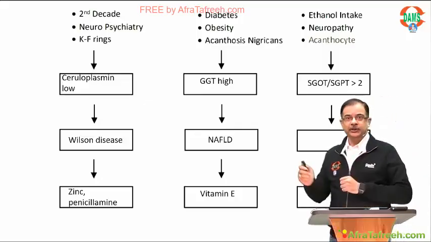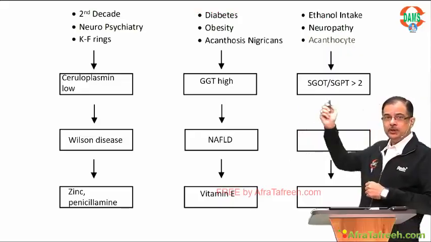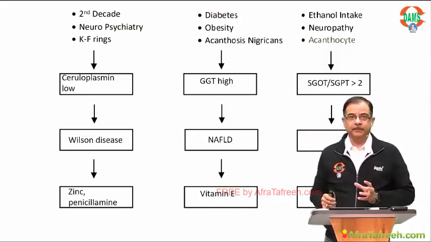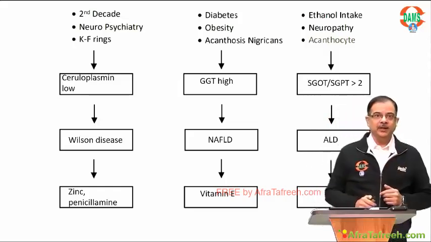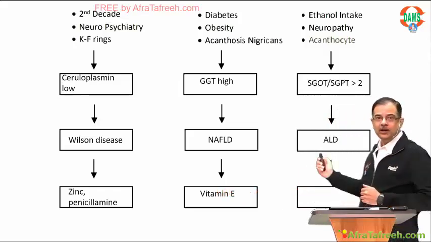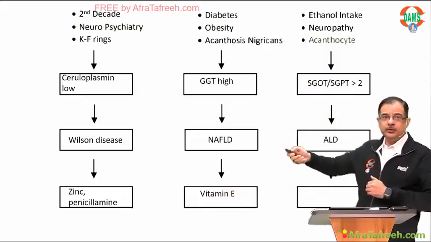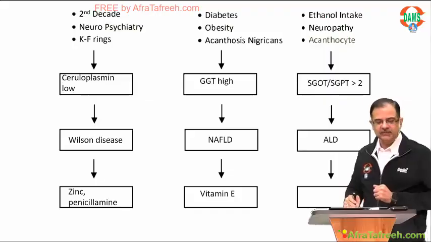A ratio more than 2 is sufficient; no need for any liver biopsy. It is sufficient to make a diagnosis of alcoholic liver disease. This information gives you a complete picture of alcoholic liver disease.